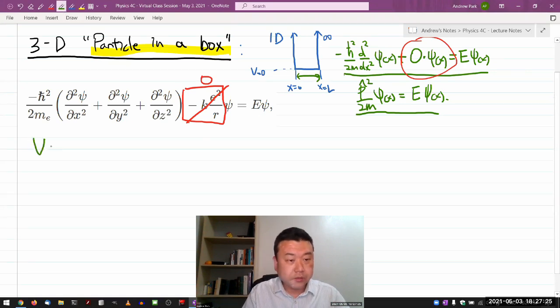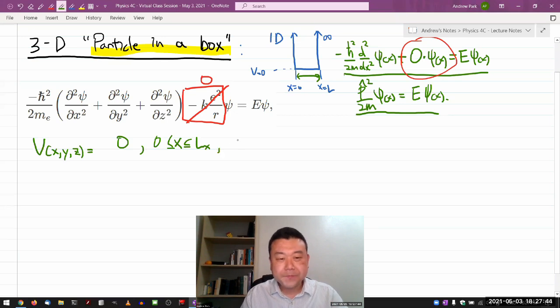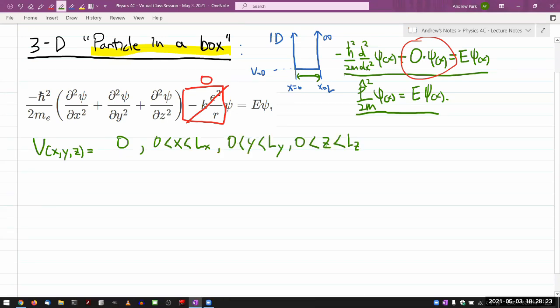My potential as a function of x, y, and z is going to be 0 when it satisfies a particular condition. And the condition is that my x is between 0 and L. Let me keep that separate for now. And let me put a constraint on my y variable. And I'll worry about the boundary values later.